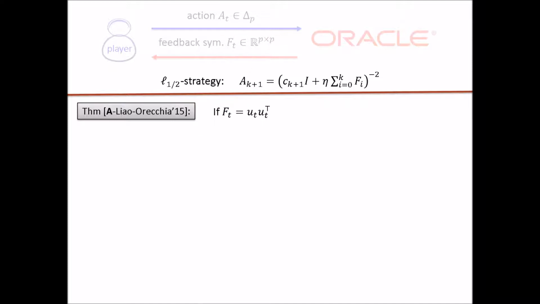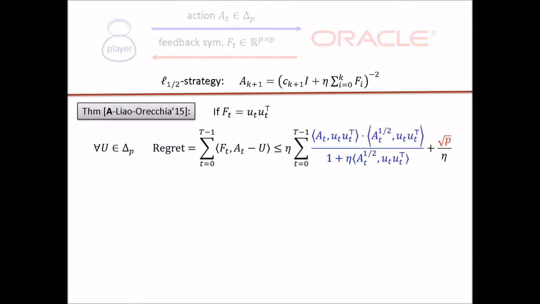It's like UU transpose in each iteration. Then we show the following regret bound holds. That is, for any strategy that you could play in hindsight, the regret is defined to be what the player has suffered for all the iterations minus the value of the strategy U for all the iterations. This regret is less or equal to the summation of the following two terms.